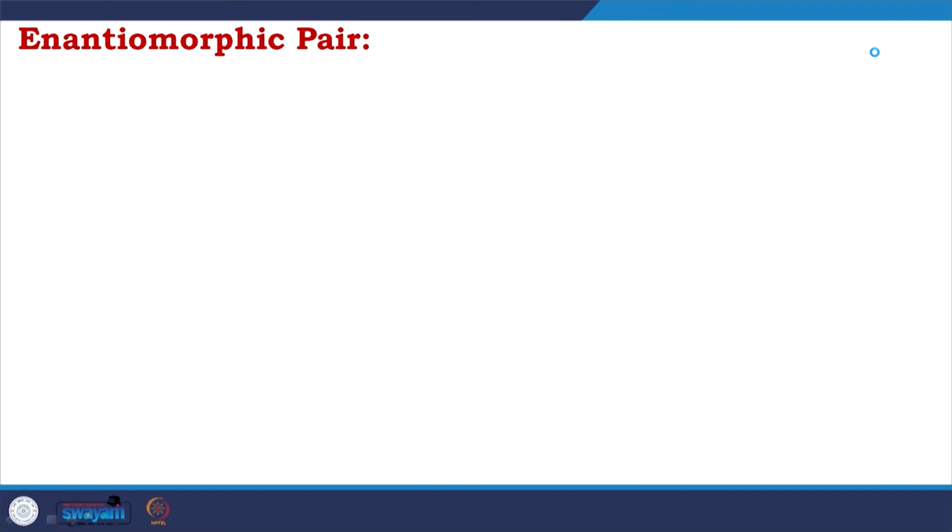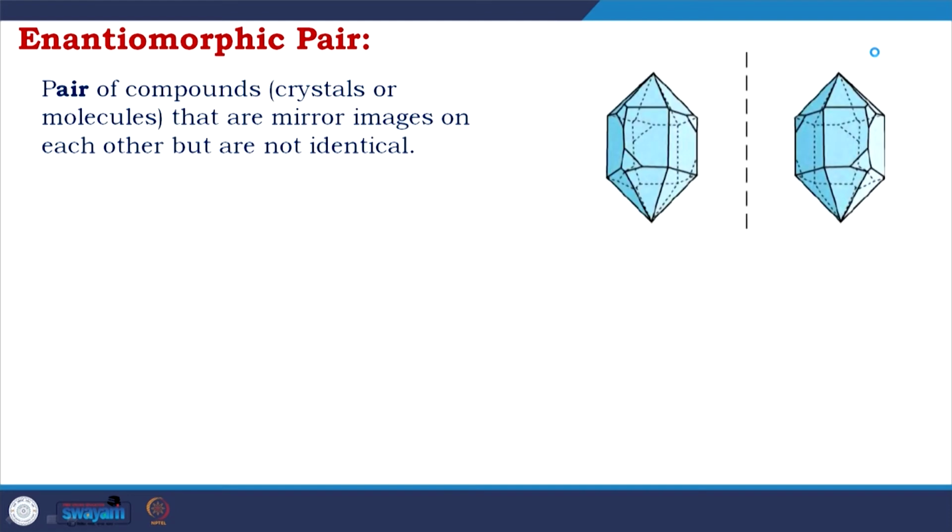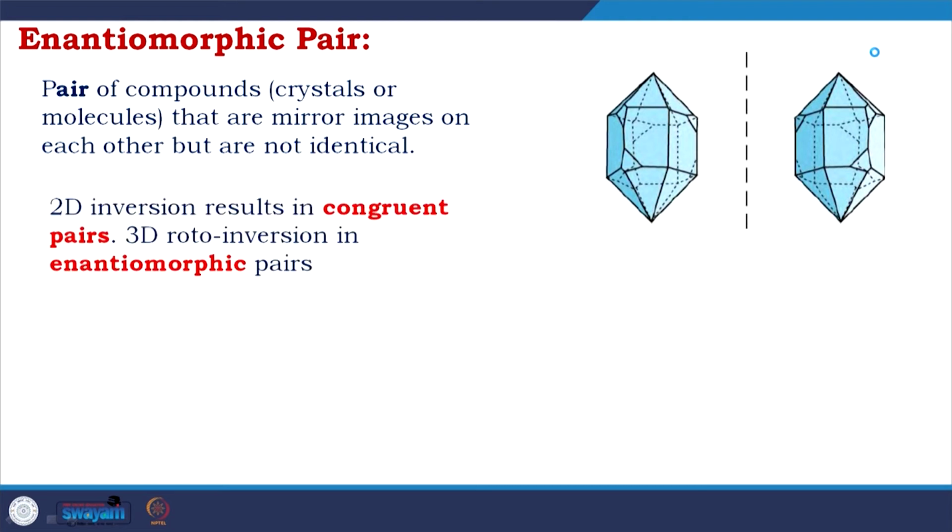Now, what is an enantiomorphic figure or enantiomorphic pair? A pair of compounds, crystals, or molecules that are mirror images of each other, but are not identical. So, you could see the pair of crystals, they are an enantiomorphic pair. So, we talked about it: in 2D, inversion results in congruent pairs, and in 3D, roto inversion results in enantiomorphic pairs.